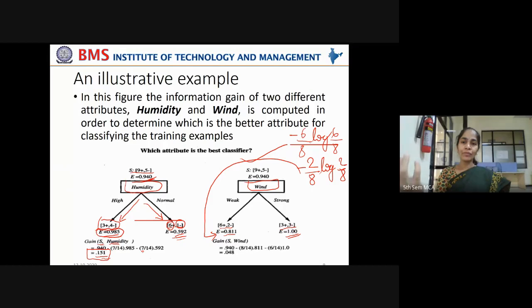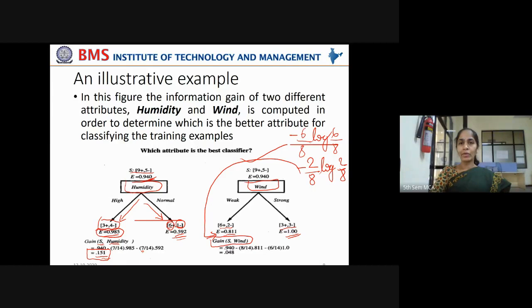Because of using this particular attribute, you are not able to make a pure classification, means you're not able to learn better from the training examples given, right? So what is the information gain for this wind attribute? Again, substitute them.